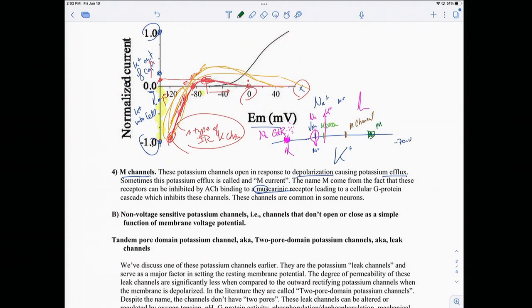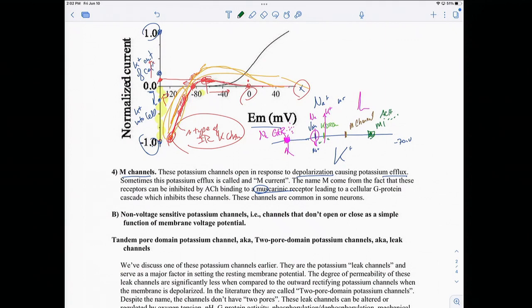I'm just going to call that an M1, just making that up. And I might have some acetylcholine around somewhere, but I'm not going to worry about the acetylcholine right now. So let's just say now I have this membrane, and I have my usual group of voltage-sensitive sodiums and voltage-sensitive potassiums here. But this membrane here also has M channels.